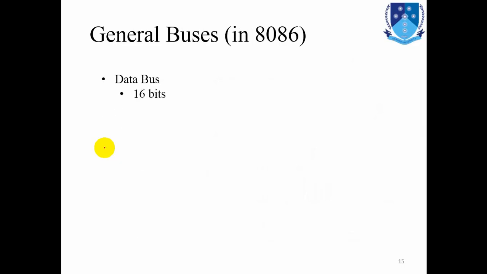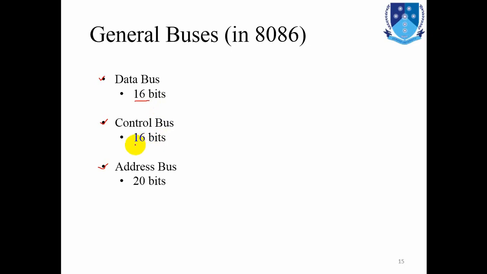The general buses used in any microprocessor, specifically in 8086, are the data bus, the control bus, and the address bus. These three are the general buses used in any computer system. In case of the 8086 microprocessor, the size of the data bus is 16 bits, or you can say that the data bus of 8086 is 16 bits wide.